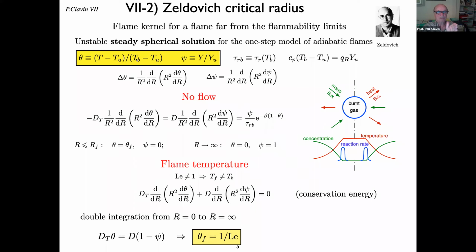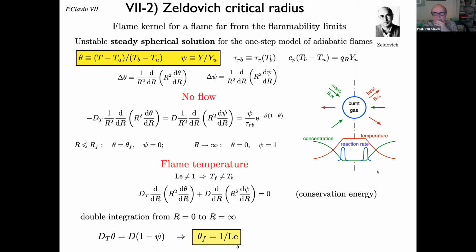Tb is the adiabatic flame temperature, which is written here, for the planar. It turns out for this spherical steady flame, and you will see it does exist, I will show you some experiments on that.